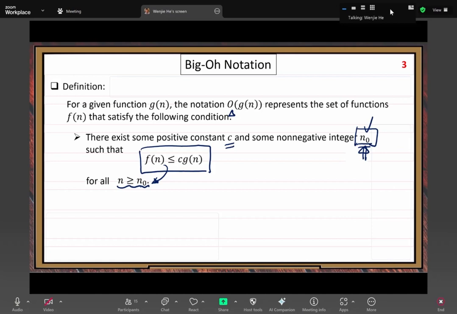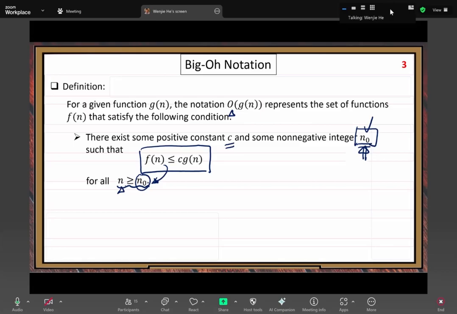That means if n is less than this n naught number, we do not require this inequality to hold. Even if the inequality does not hold when n is less than this special constant number, we don't worry. We don't treat it as a violation. We only worry about n being sufficiently large, as people usually say.